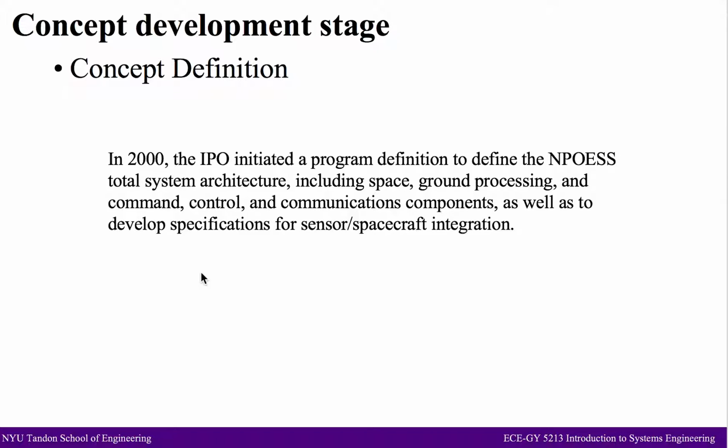The VIIRS combined the radiometer accuracy of the advanced very high resolution radiometer currently flown on POES with the high spatial resolution of the operational linescan system flown on DMSP.